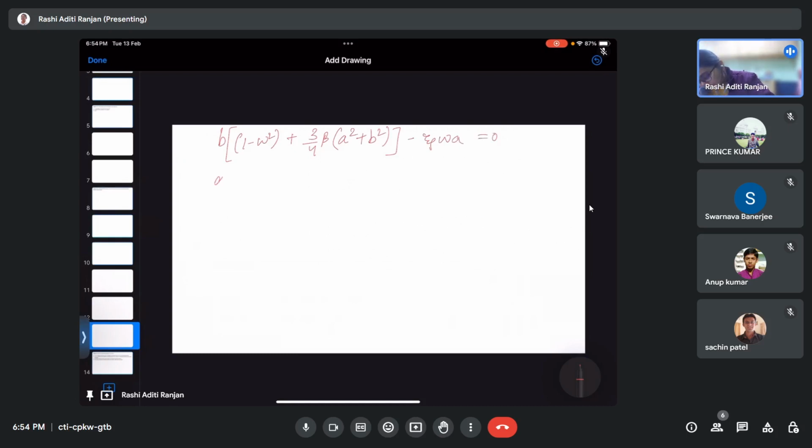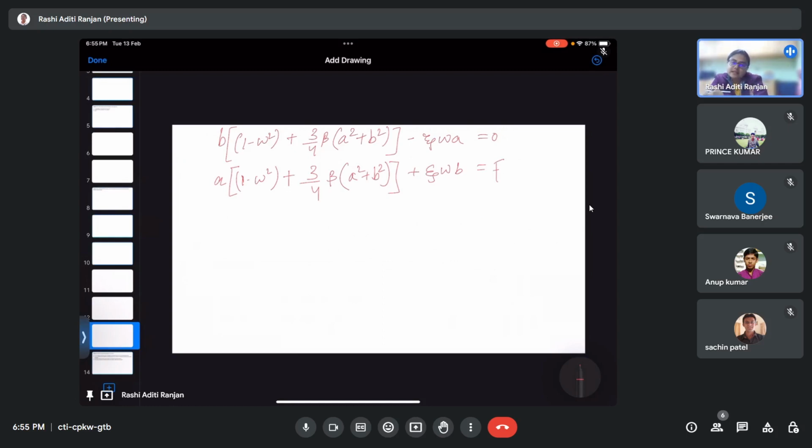And the second expression gives me a into 1 minus omega square plus 3 by 4 beta a square plus b square plus epsilon omega b is equals to, oh sorry, it is going to be F. Now I have again two expressions.